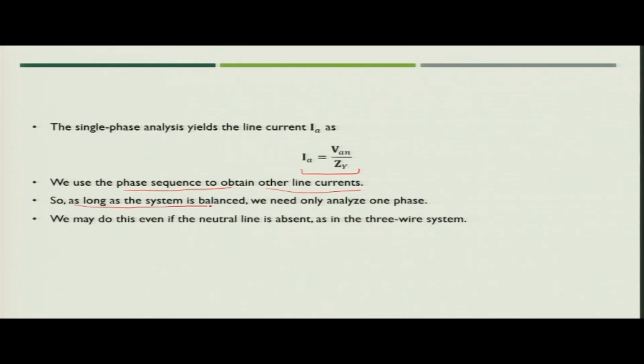So, as long as the system is balanced, we need only analysis of the single phase equivalent. We may do so even if the neutral line is absent, because you can say that the neutral is virtually connected for creating the single phase equivalent.